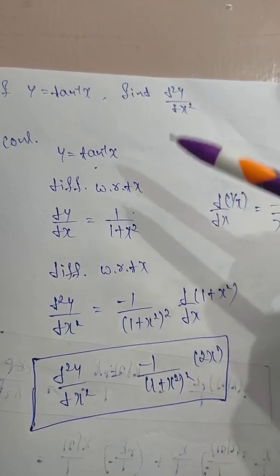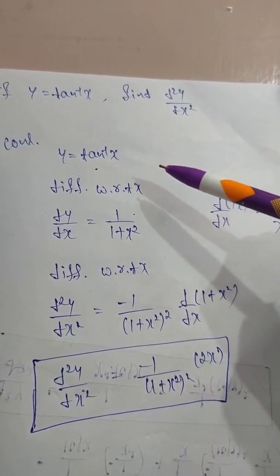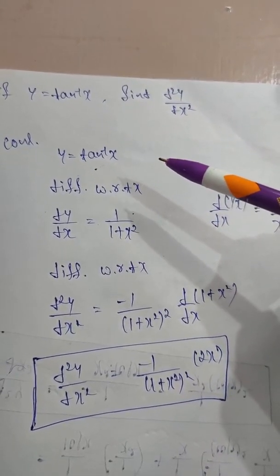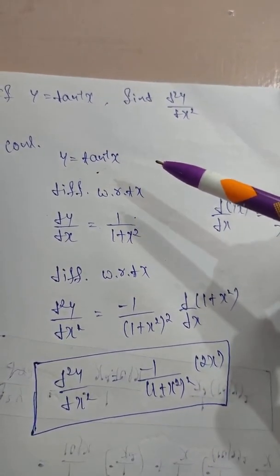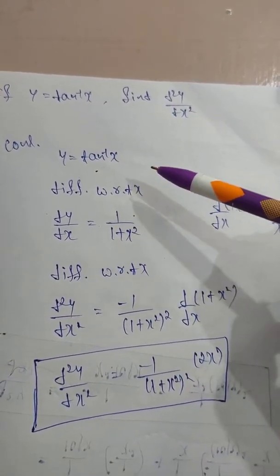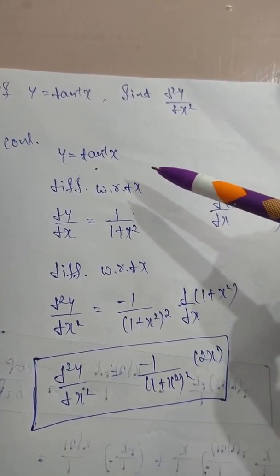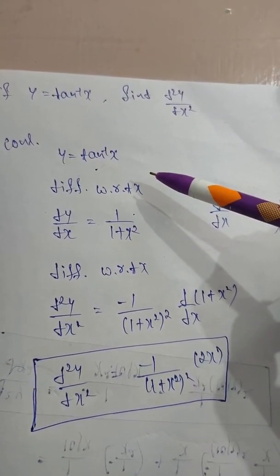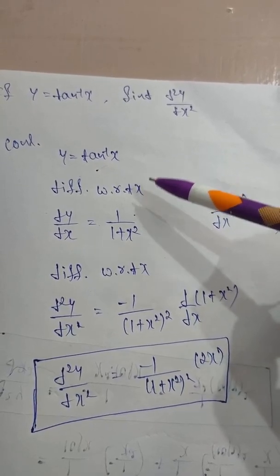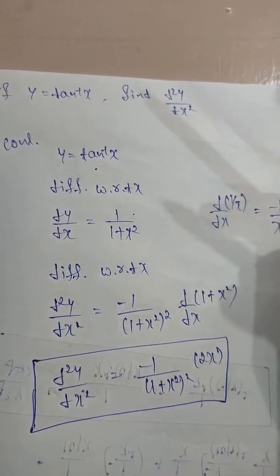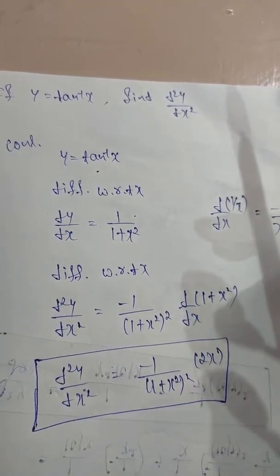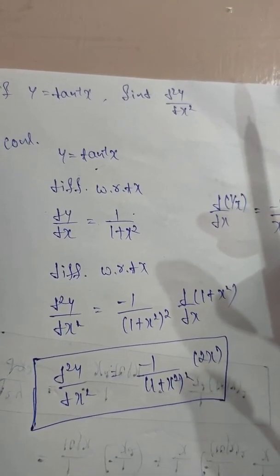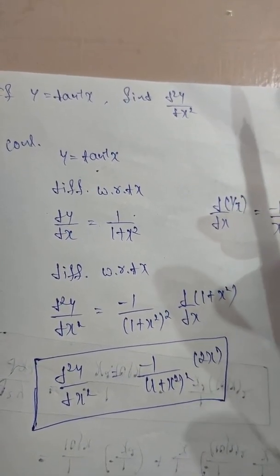So the last class and this class, the problems we have done up to here are not important. Those problems are only for your practice purpose. So take a screenshot of these questions and copy to the notes, and take one white sheet and write down all the questions I did in the last class and this class.